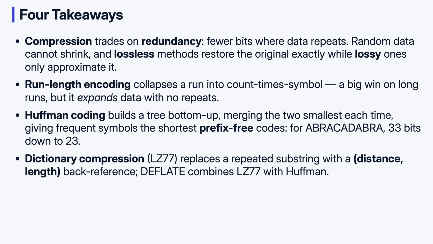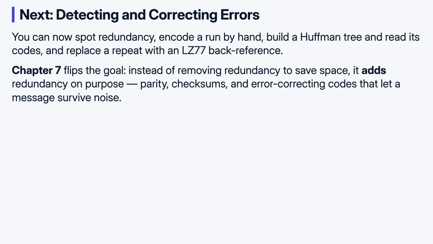Real formats like deflate combine LZ77 with Huffman. That is Chapter 6. You can now spot redundancy in data, encode a run by hand with run length encoding, build a Huffman tree and read its prefix-free codes, and replace a repeat with an LZ77 back reference.